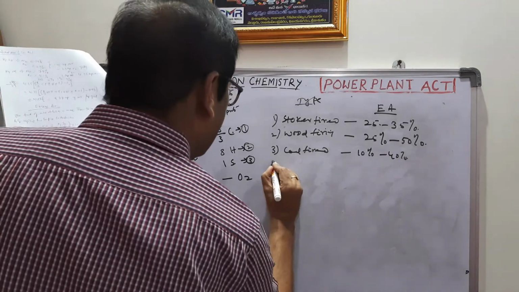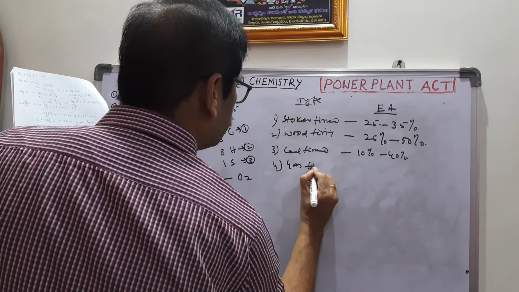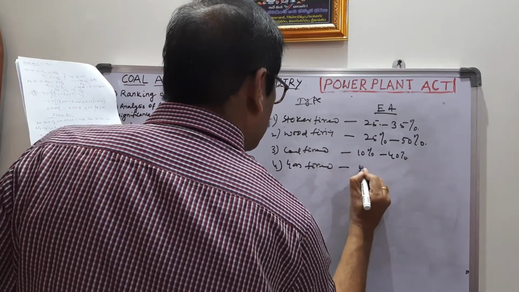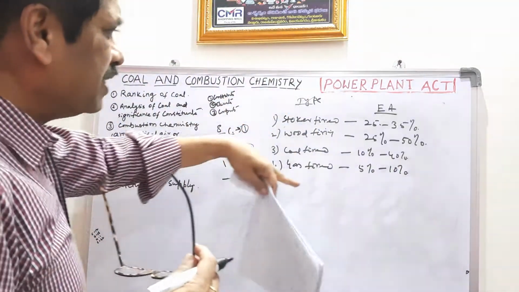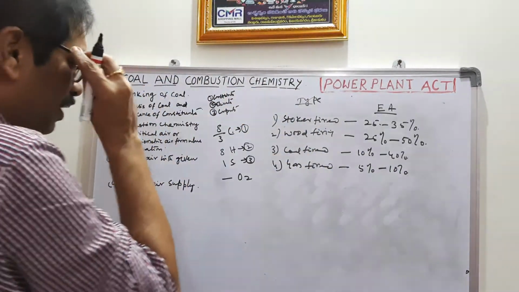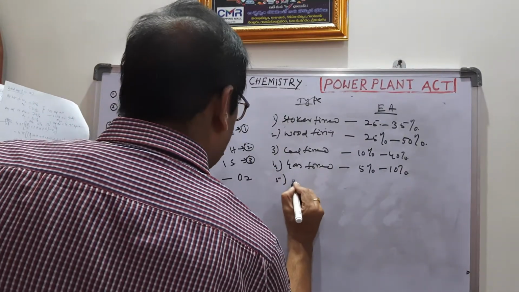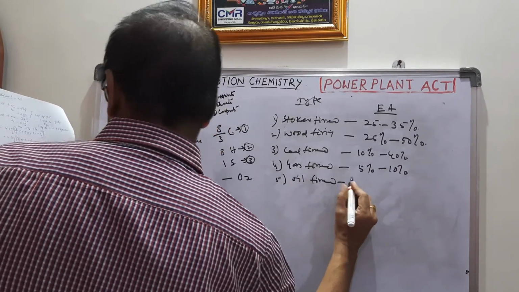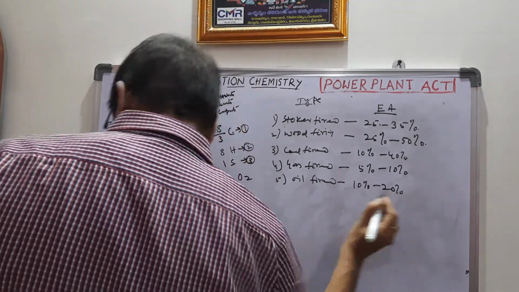Then for gas fired, the excess air is 5% to 10%. In gas fired, very little excess air is needed. For oil fired, the excess air is 10% to 20%.